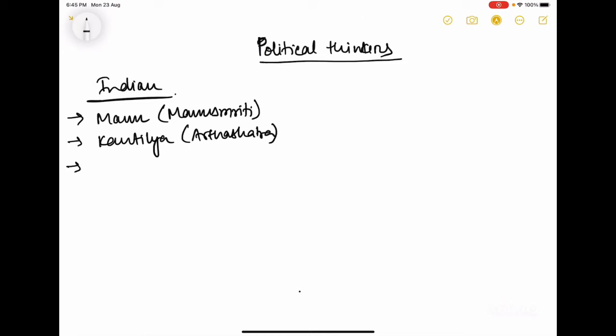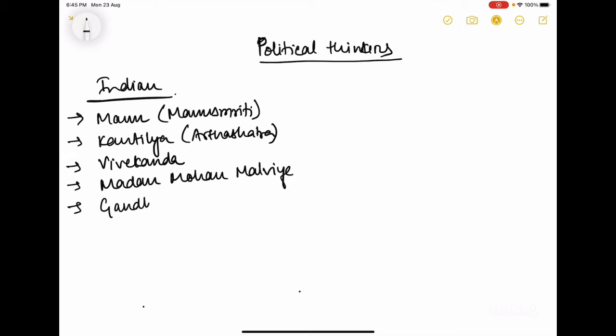Then you have Vivekananda, Madan Mohan Malviya, and Gandhi.